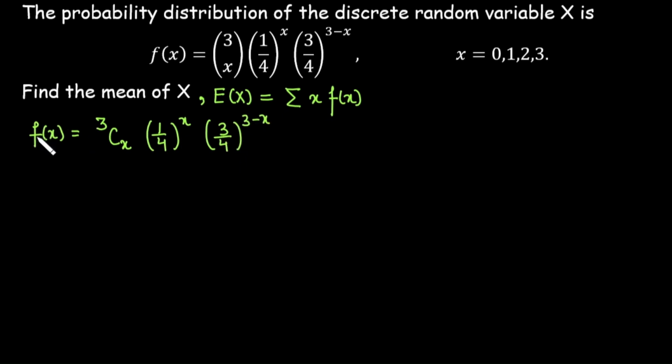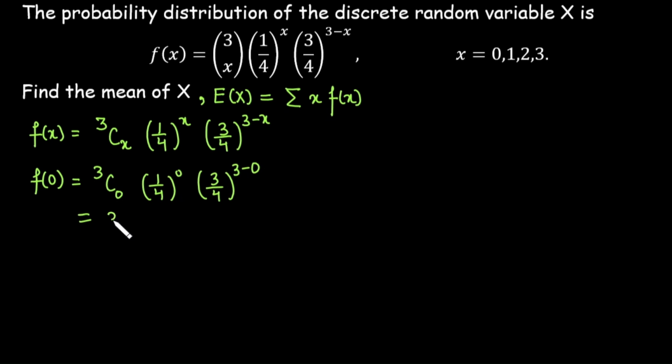Firstly, we need to calculate the functional value at 0, or we can say the probability when the random variable value is equal to 0. It means 3C0, 1 by 4 power 0, 3 by 4 power 3 minus 0. This is equal to 3 factorial divided by 0 factorial into 3 minus 0 factorial.